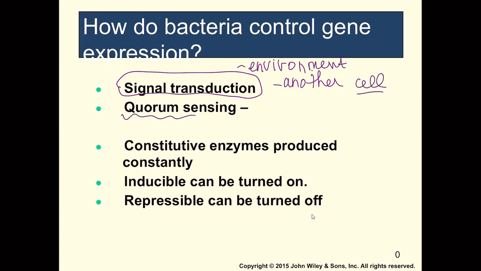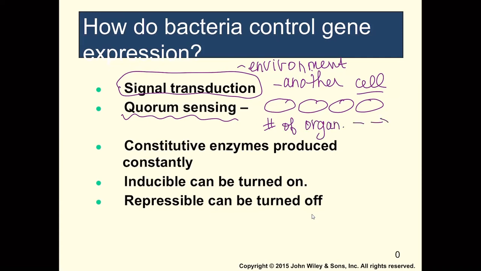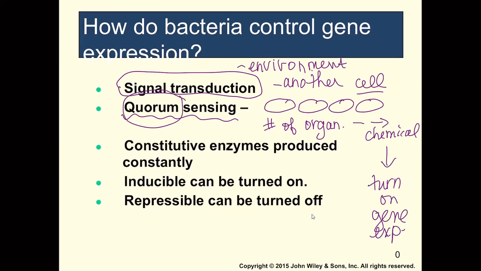Bacteria have this thing called quorum sensing. So quorum sensing is the idea that when we get a certain number of organisms, so when we reach this set point, they will produce enough of a chemical or enough of a signal where they will turn on gene expression. So a quorum is basically a number.